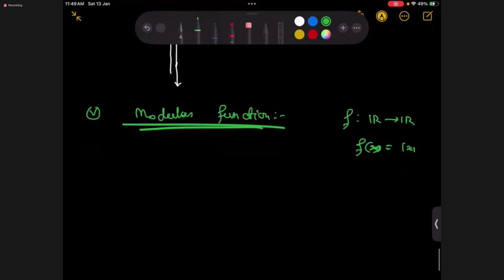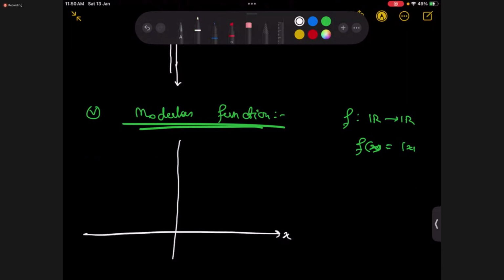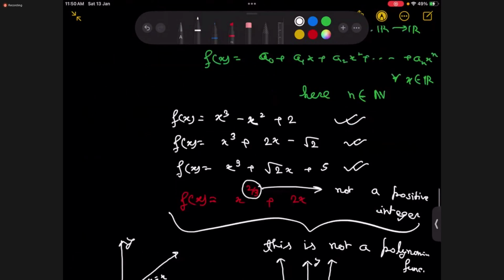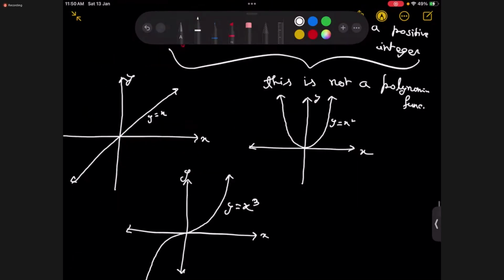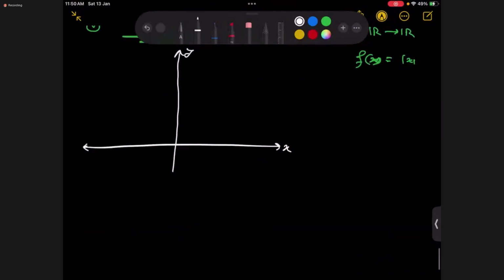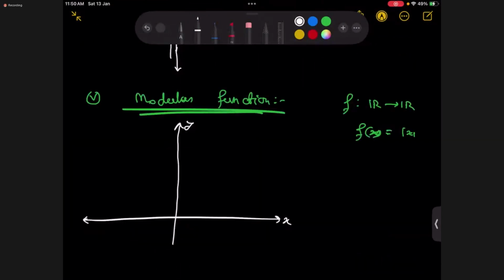If I draw the graph, mod x is always greater than or equal to 0, so it will be very easy to draw this graph. X and y axes, we are not drawing the negative y-axis because we don't need it, because of the function defined here. Mod x is always greater than or equal to 0, similar to x square. X square is always positive. You can see the graph of that function never goes in the negative y direction. Similarly here also, the function will not go in the negative y direction.